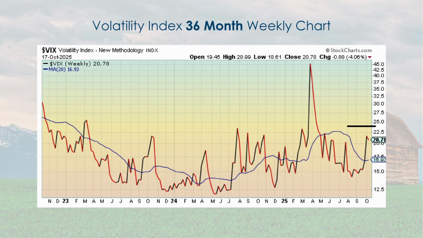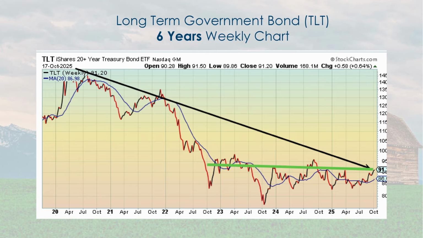When it moves up through that line, that's usually an indicator that there is increasing risk coming into the market. It did that, and now this last week it corrected back a little bit, showing less downside risk. So we're not there yet, but you can see it's possible we could get there.